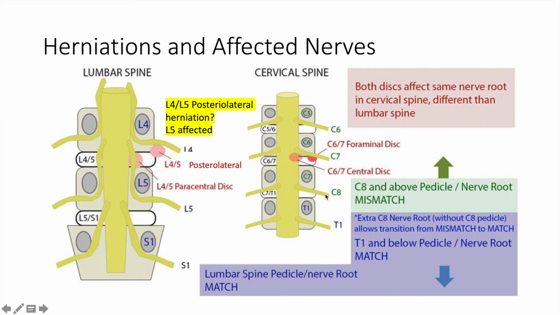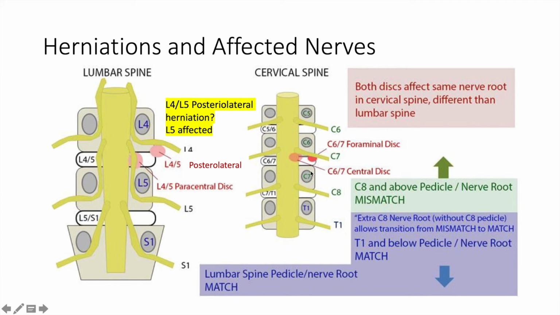Okay, now we have C8. We don't have 8 vertebrae, but that's okay. We've got an 8th nerve. So that C8 is like our mismatch, and it's coming under C7 and over T1. And since we've added a nerve in here, now it's going to mess up our system of naming. So now under T1, now we're going under.